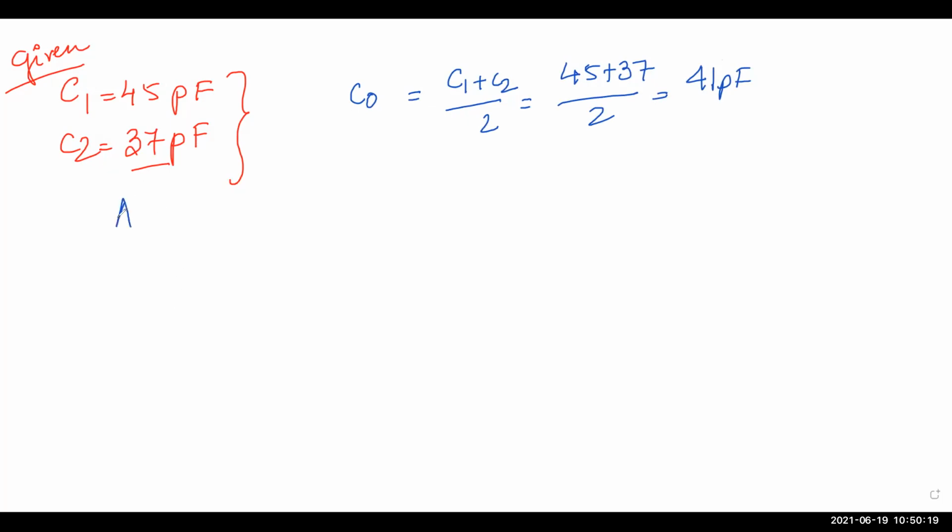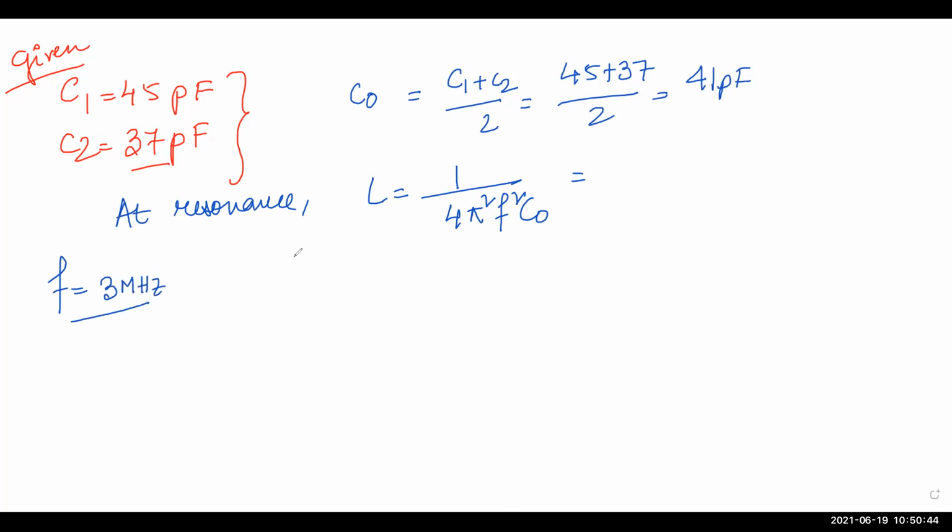Now at resonance, you have a formula for inductance L. What is that? L equals 1 by 4 pi square F square C0. This is the formula. Now put the values. Our frequency F is 3 megahertz, which is also given.